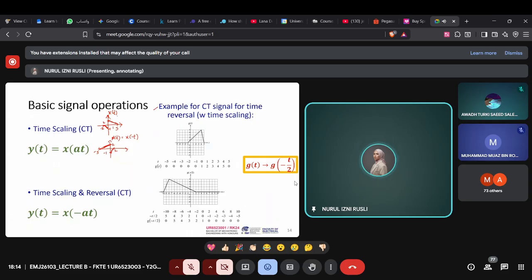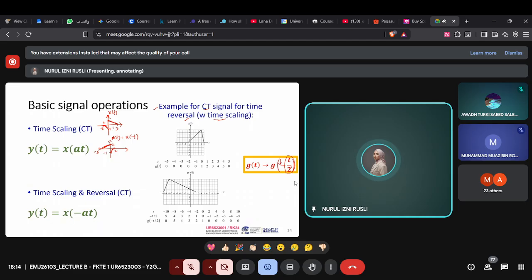For the example being shown here, you have a continuous time signal that has reversal as well as time scaling. You could see here, this is time scaling, which is t over 2, and then you have the negative sign.